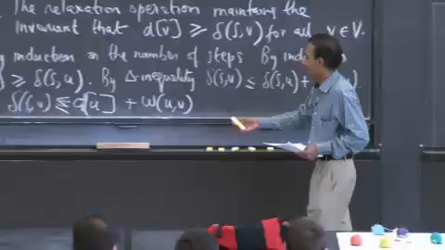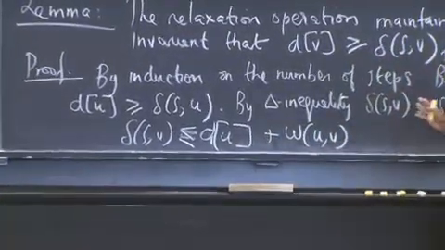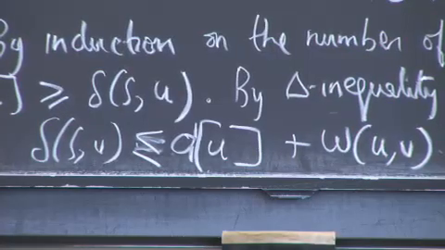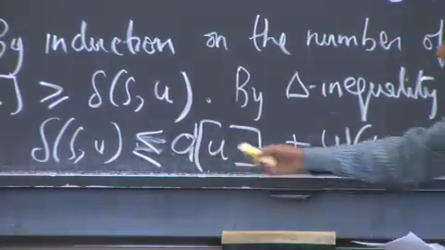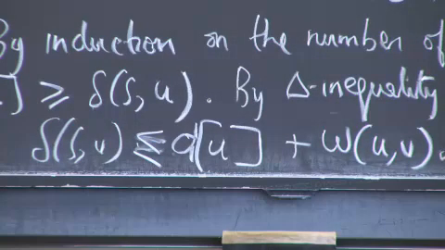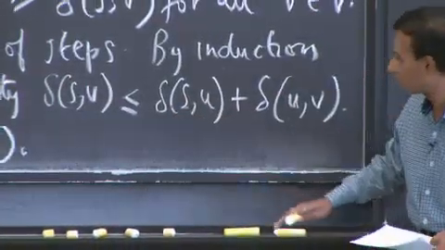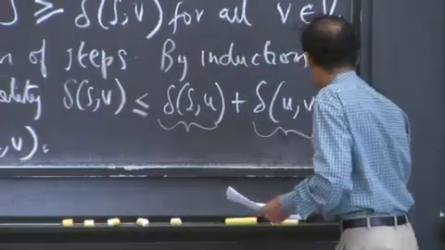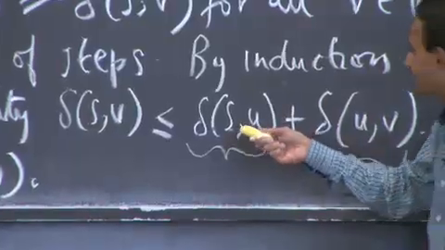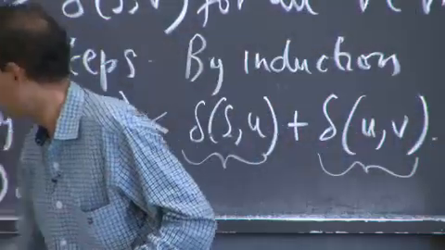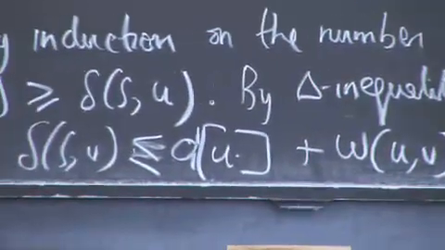But all right. So that's it. That's the proof. Okay. Fairly straightforward. Once you apply the triangle inequality, you simply look at each of these terms, and by the induction hypothesis you could put d(u) here. And I just talked about the weights.